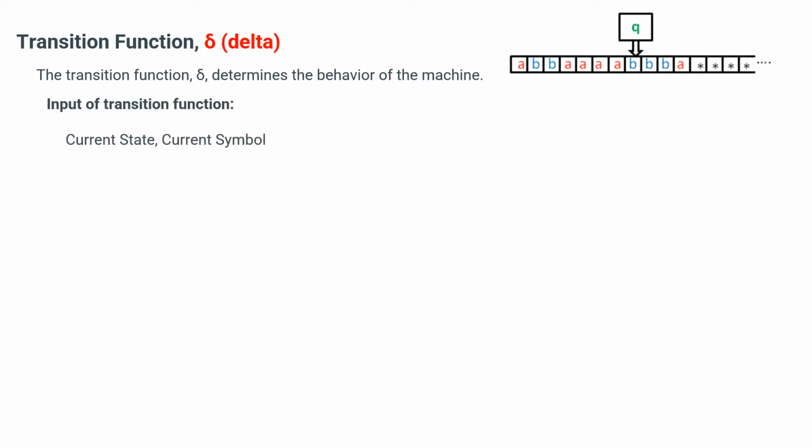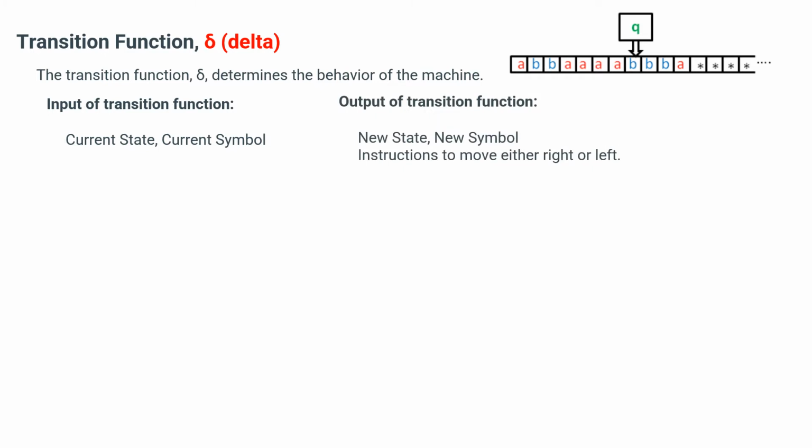For a Turing machine, we're going to have two types of input that go into the transition function: the current state and the current symbol. Again, current symbol means what symbol is being pointed at by the head. What comes out of that transition function? Several things. A new state. Maybe the state has changed; sometimes the state stays the same, but it'll say what state it should be, given that input. Then a new symbol that should go into that cell.